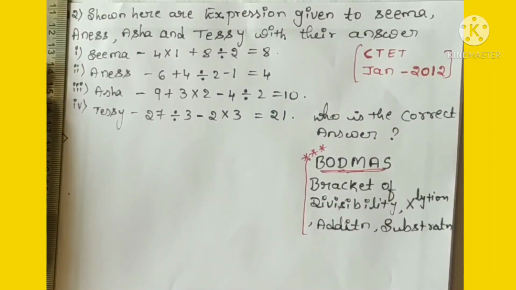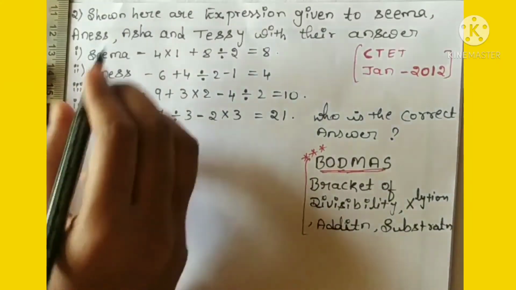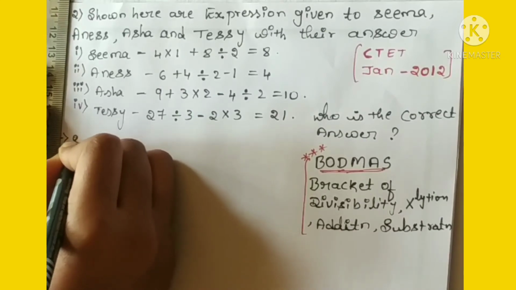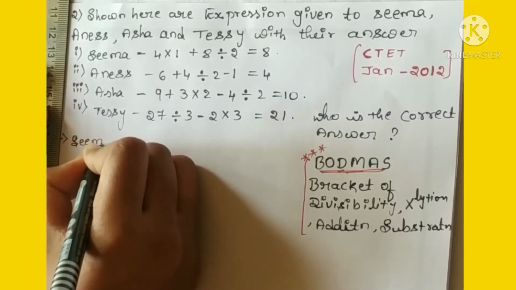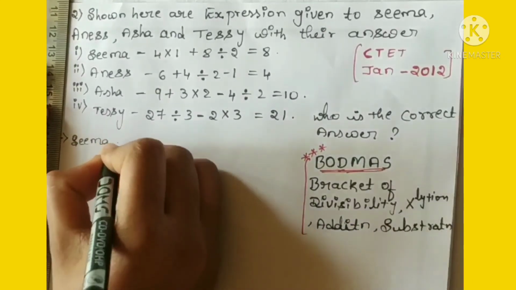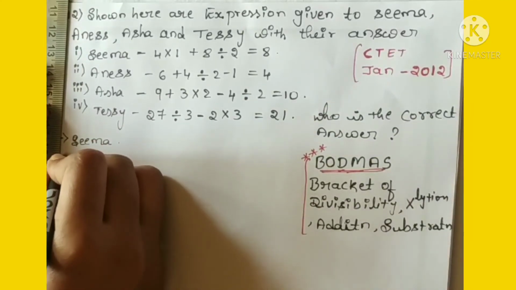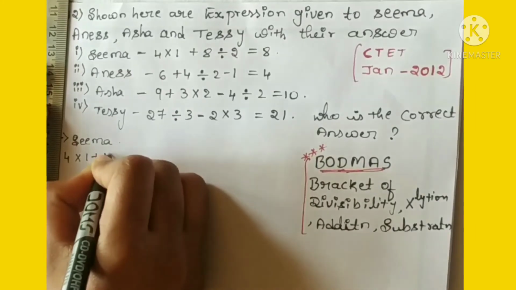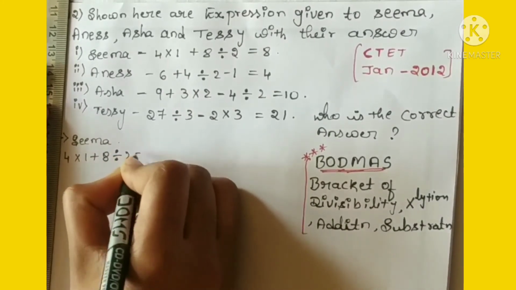For this, first we have to check for Seema. What is Seema's equation? Option A, Seema, its equation is 4 into 1 plus 8 divided by 2, which is equal to 8.